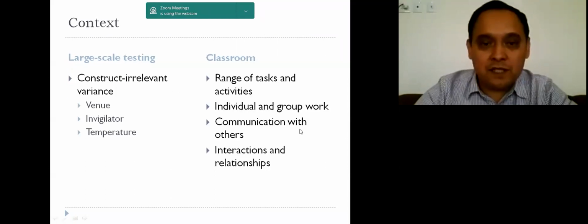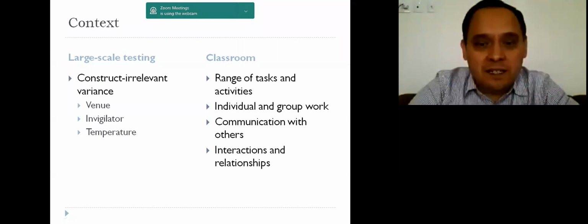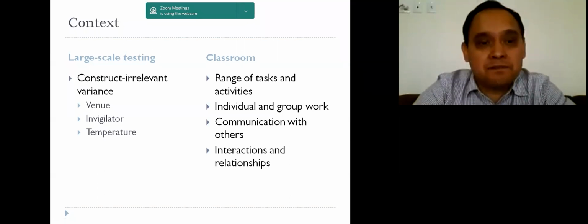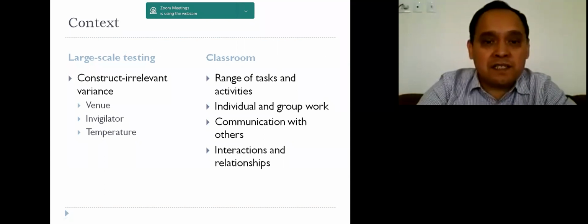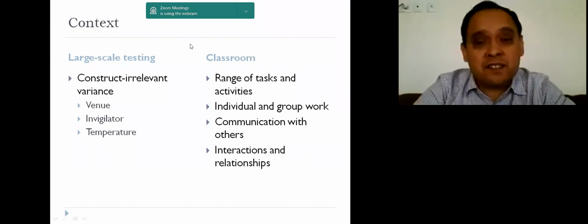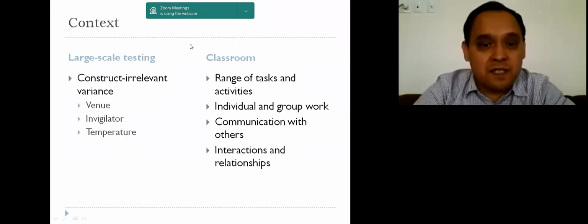Well, talking about the context. In large-scale testing, the context of the test is anything that is not relevant to the test itself. It is the venue where the test is being administered. It is invigilators.